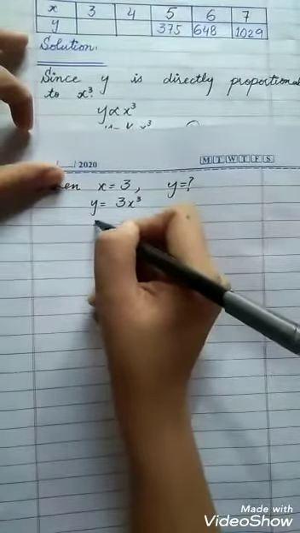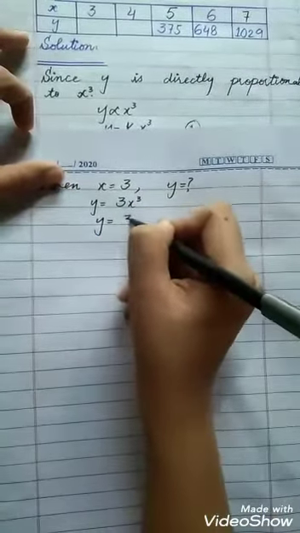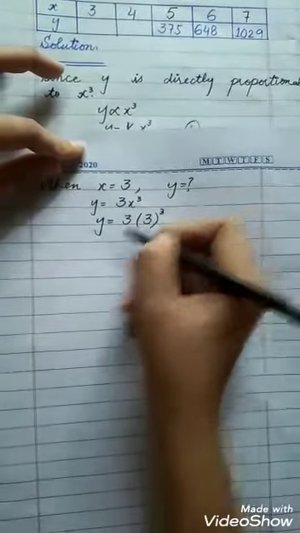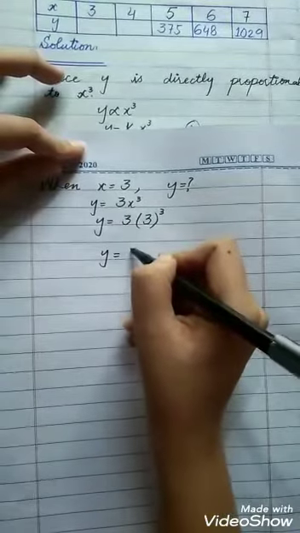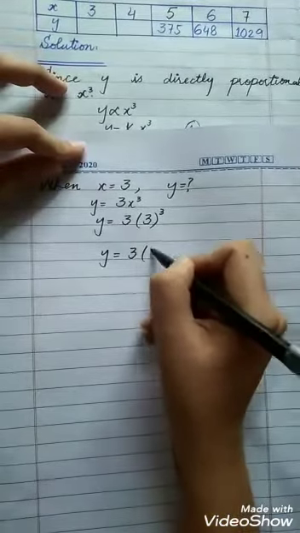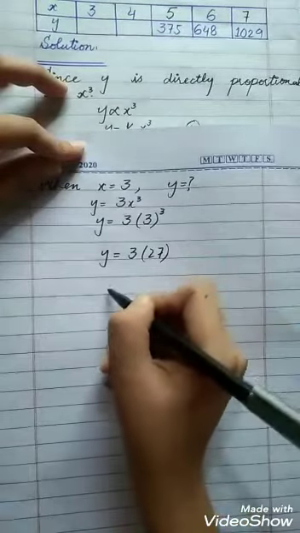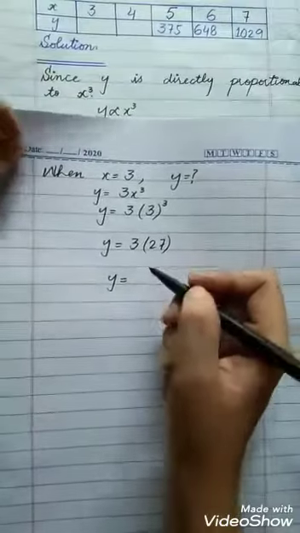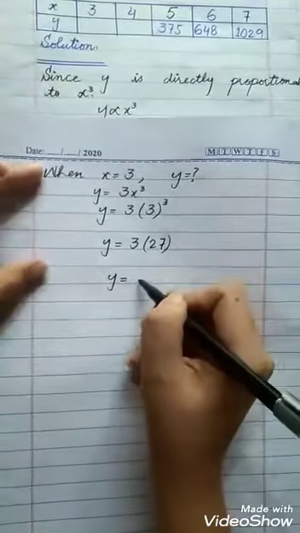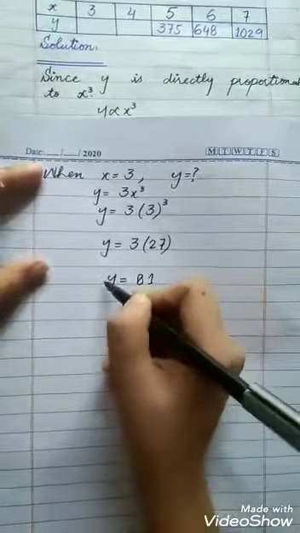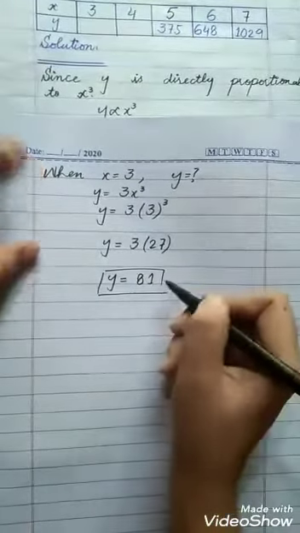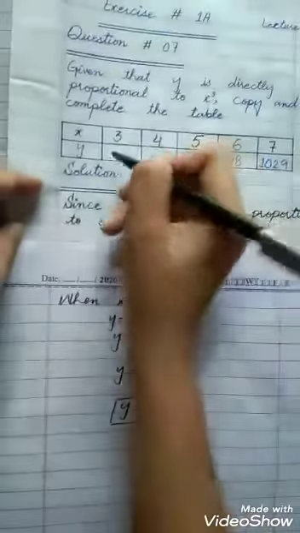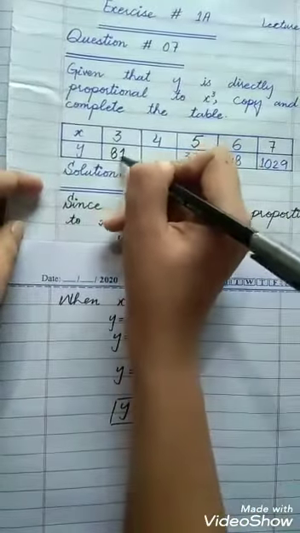We have to find y, and x is given as 3. We will multiply it 3 times, meaning 3 cube is equal to 27. Now 27 multiplied by 3 is equal to 81. So when x is equal to 3, we got y is equal to 81. So we will write 81 here.